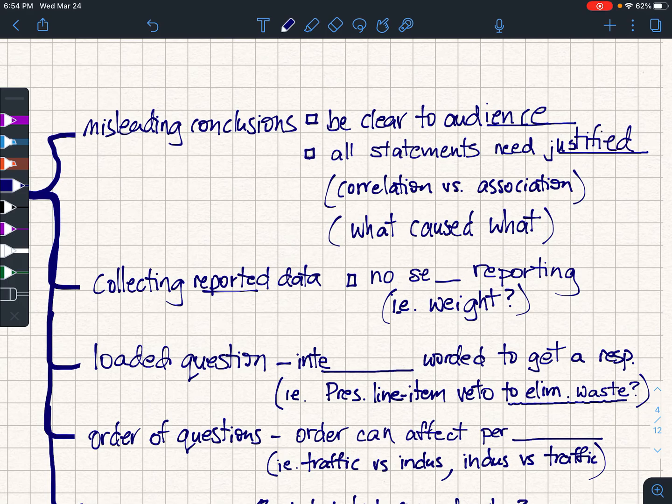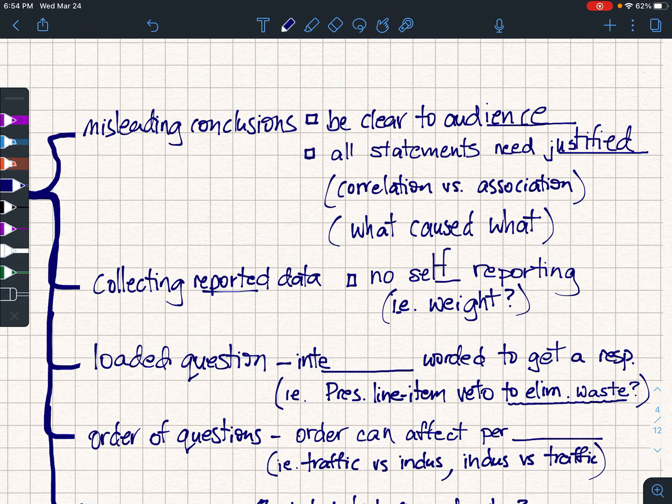We can't just say something like, oh, there's fewer calories, therefore it's healthier, right? We'll talk more and more about these two statements, correlation versus association. What causes what? Do the boats actually kill the manatees, or is it some other disease that is causing them to die? So we've got to be careful. Collecting reported data.